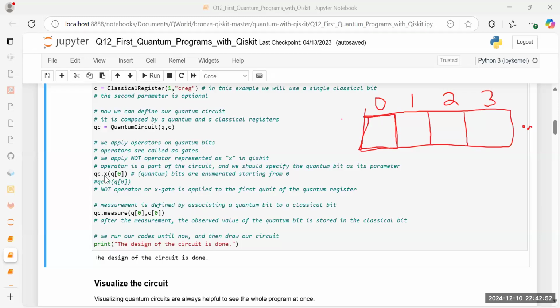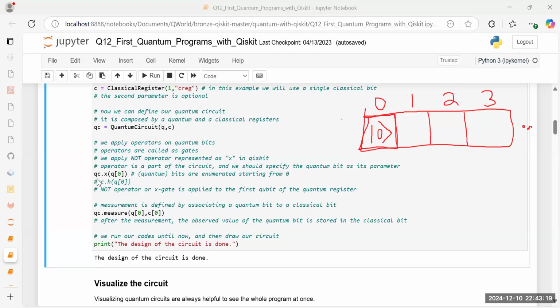At this location, we want to apply an X gate. When we requested the qubits, the initial value we're going to have here is the 0 state. So the initial value in our qubits is going to be the 0 state.